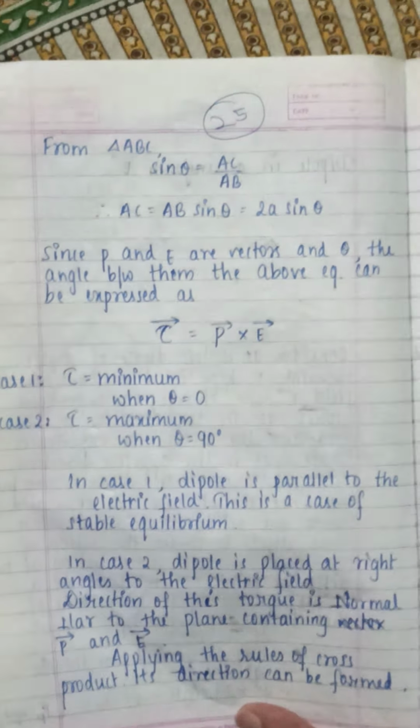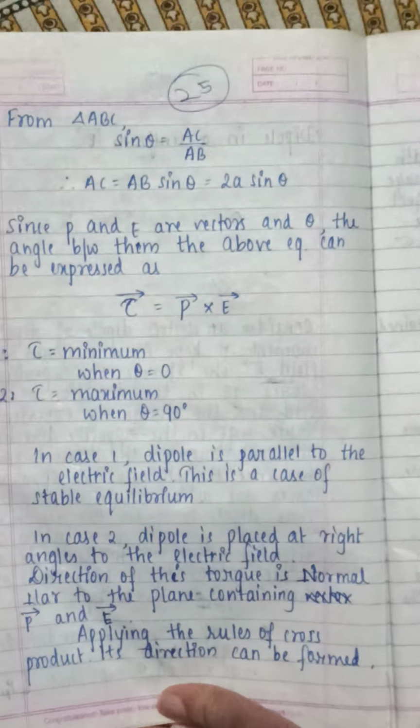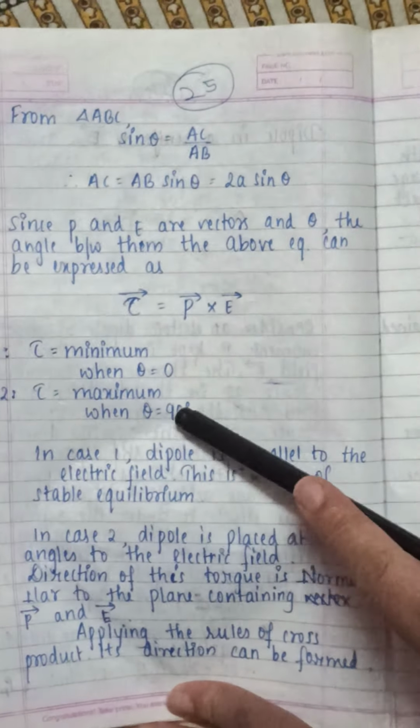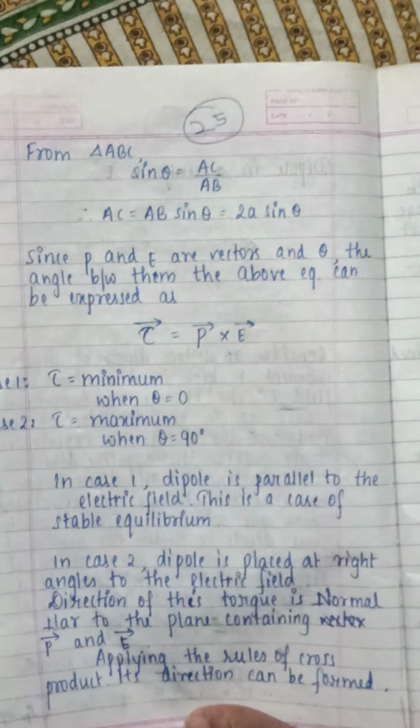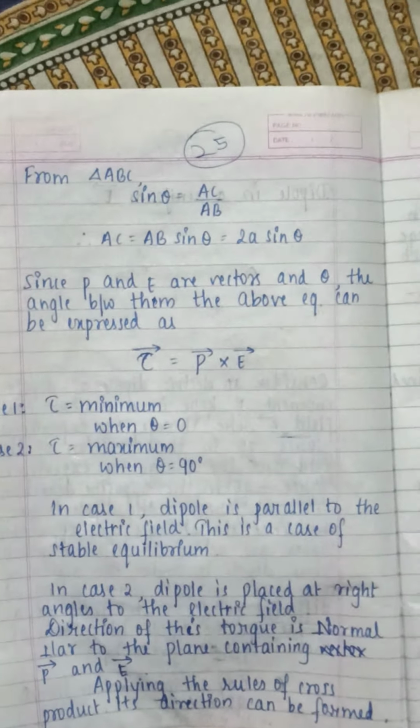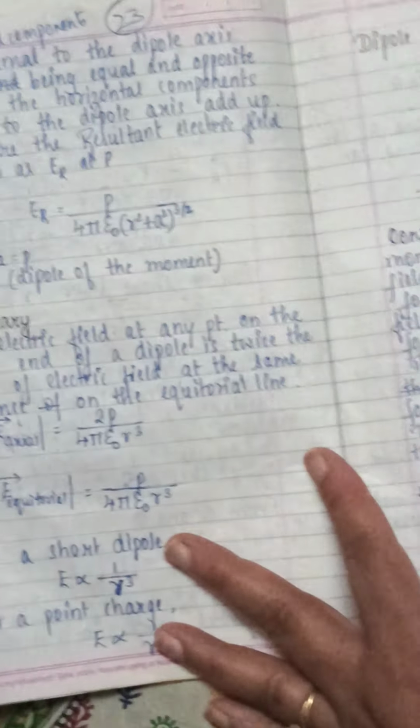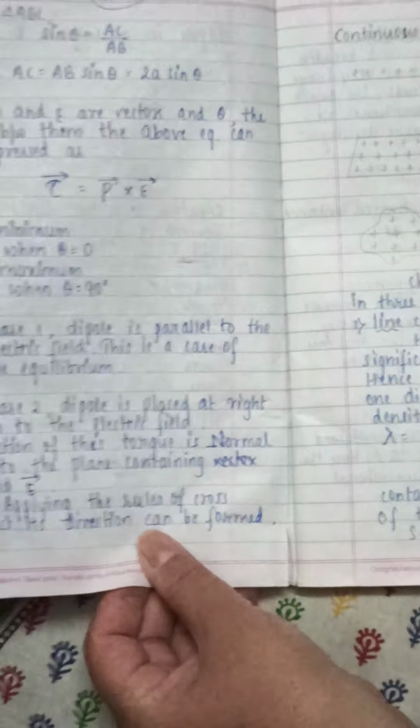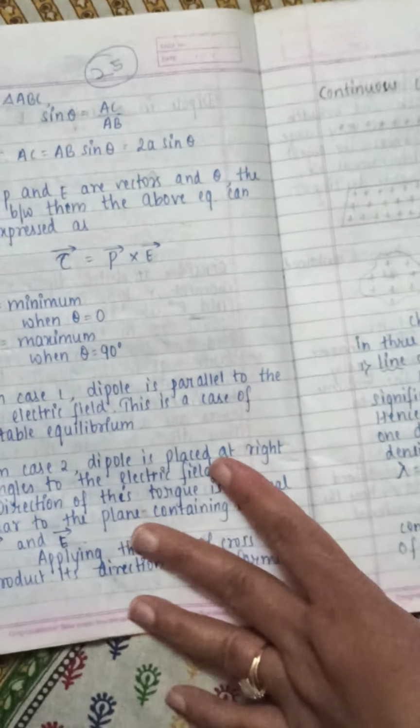If theta is equal to 0, both p and E are parallel to each other, and pE sin theta becomes 0. So this is the minimum torque, and when theta is 90 degrees, we get the maximum torque. This is the dipole placed in a uniform electric field. That's all for today.